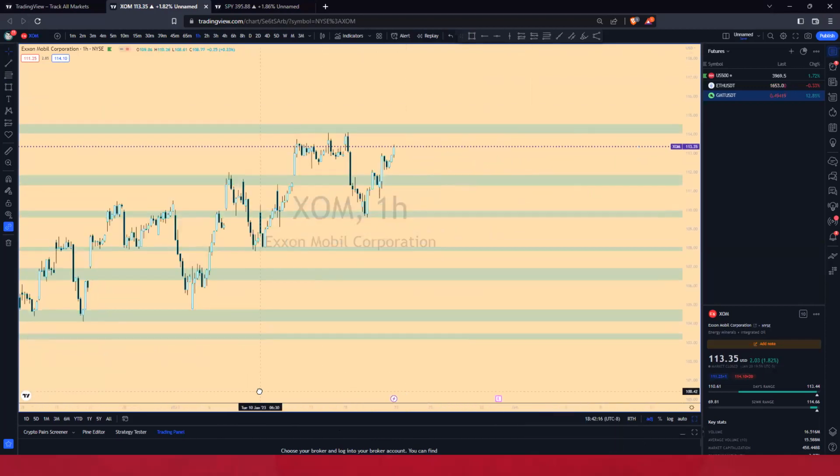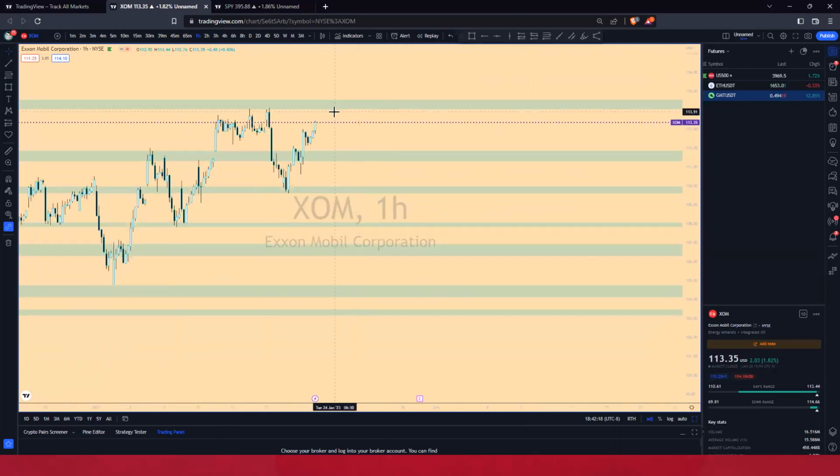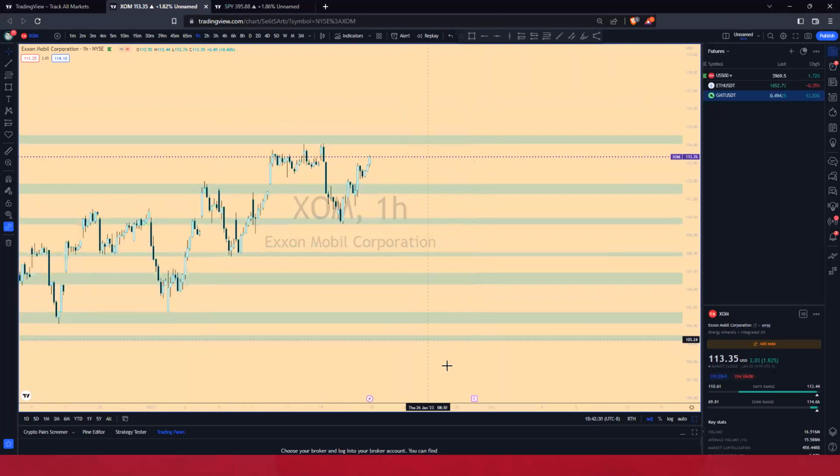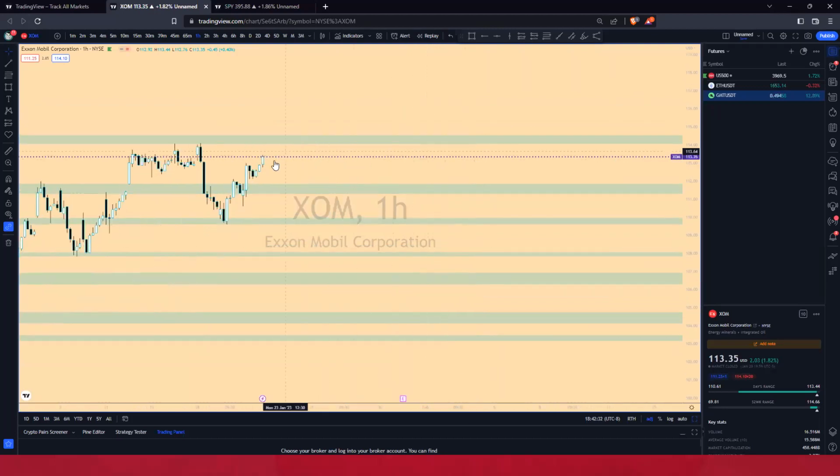So my setup for this, we know that this zone right here is all-time high territory, and all this stuff right here, I wouldn't trade. I wouldn't look at this until we got to the top zone. So say if I wanted to play this on Monday when we open up, if we open up in this zone, I'm going to be looking to take it short, because this is all-time high territory.